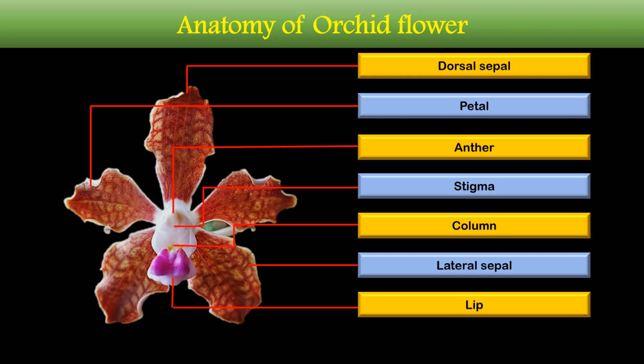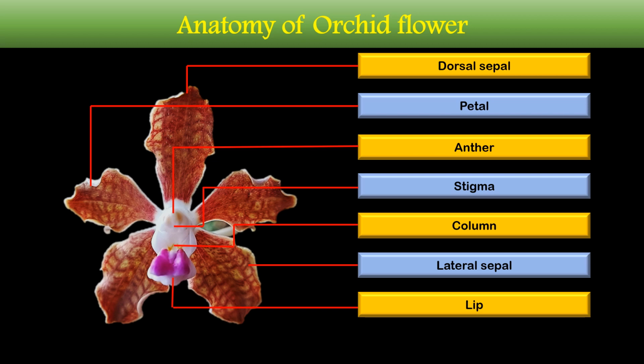As you can see in this slide, first is the dorsal sepal, the upper one, then the petals, the anther, the stigma, the column, then the lateral sepals, then the lip. So this is the main structure of the orchid flower.